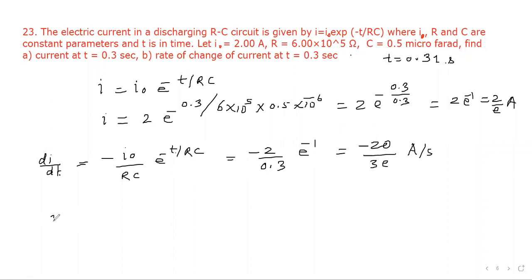So I equal to 2 times e to the power minus 0.31, and RC we have evaluated as 0.30 or 0.3. So this can be written as 2 times e to the power minus 31 upon 30. So this is our answer, but in our textbook, the answer is different.